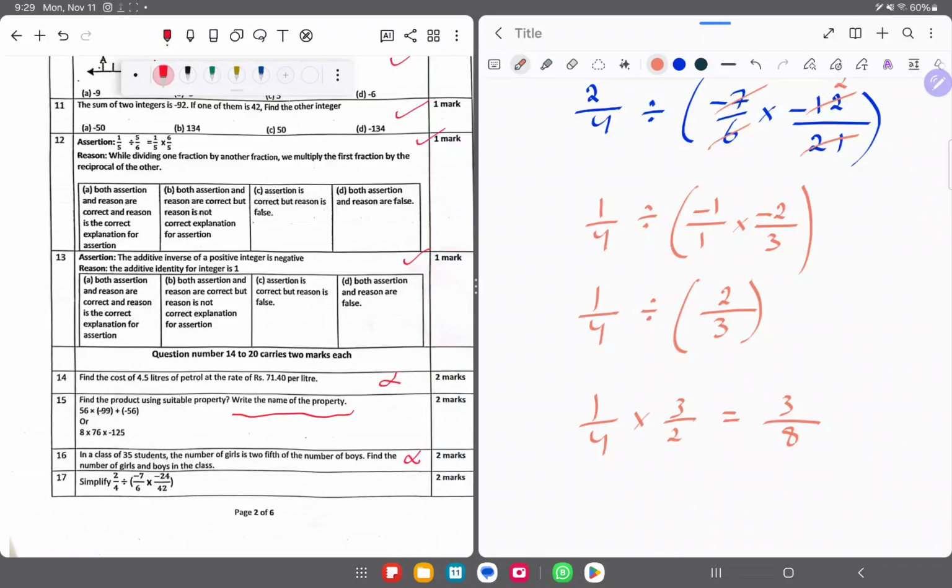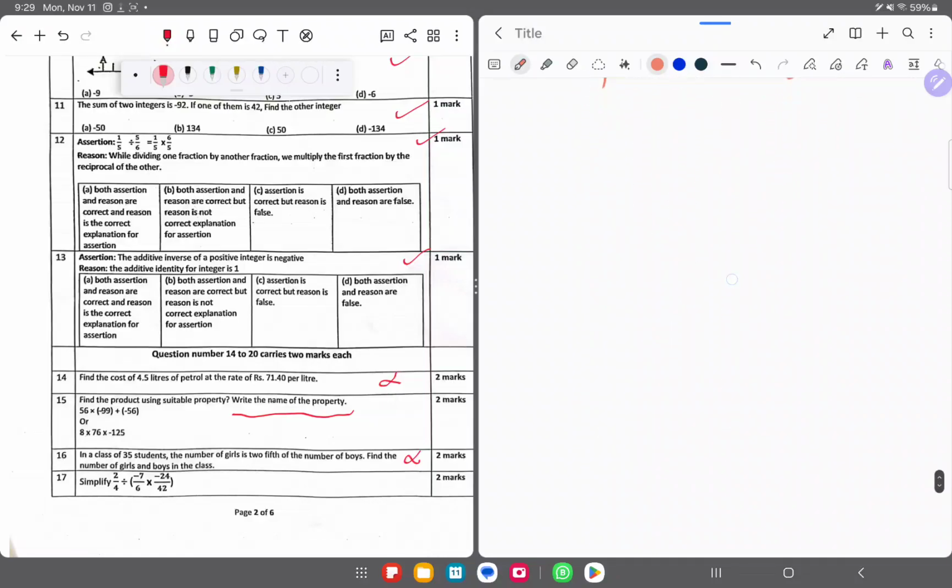504 divided by 672. 252, wait. 252 divided by 168. What you did was this. 2 over 4 divided by 252 over.